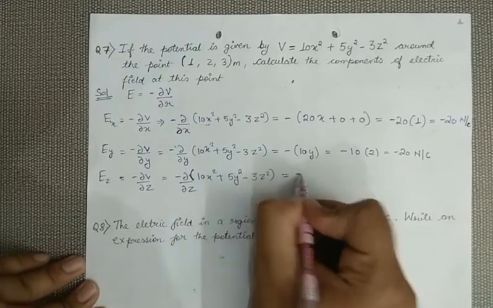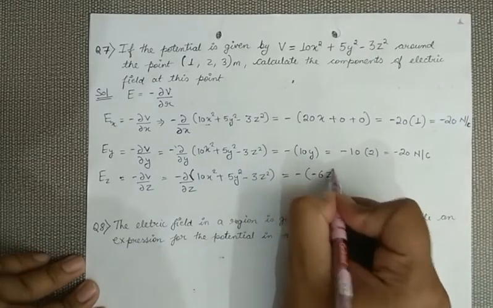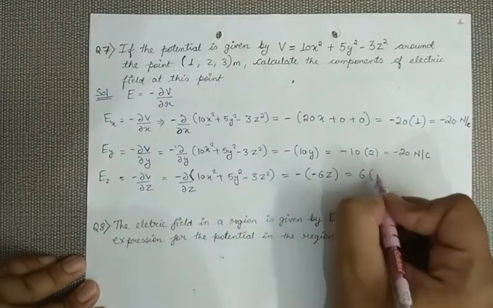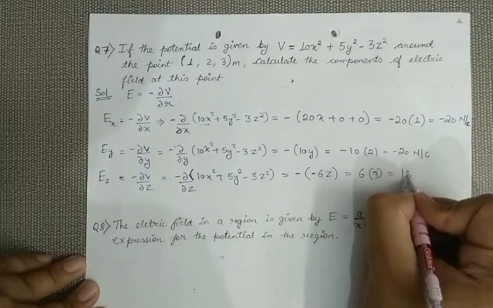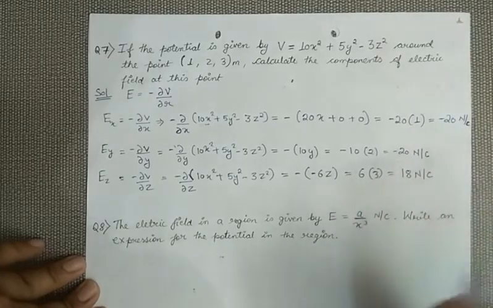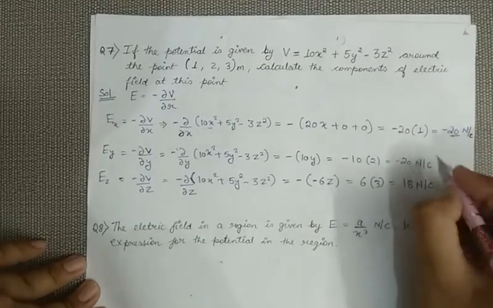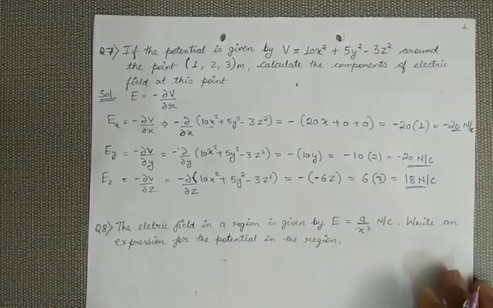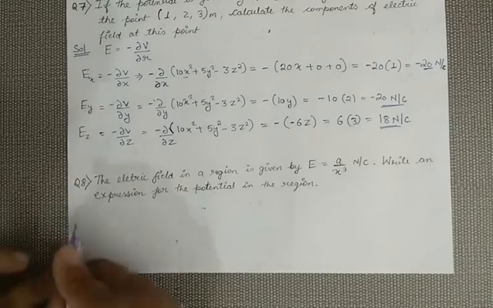This time you will get minus of 6z. So minus and minus gives plus 6 of z, and the z is 3. So 6 times 3 is 18. So your answer is 18 Newton per Coulomb. So this is electric field in x direction, this is electric field in y direction, and this is electric field in z direction. So let's move to the next question.